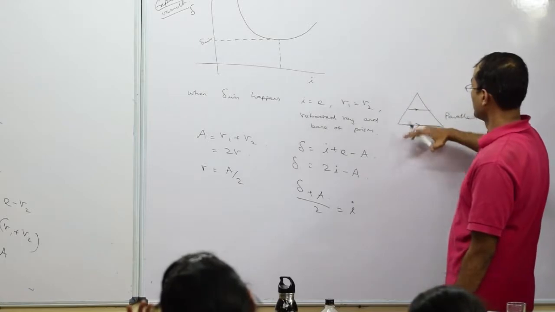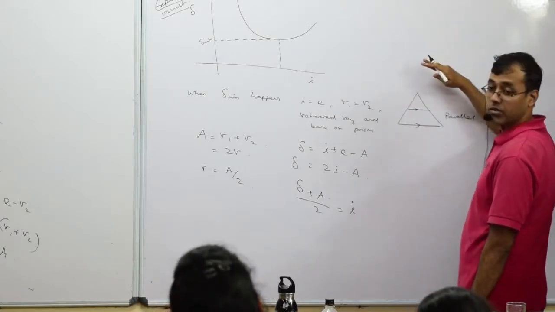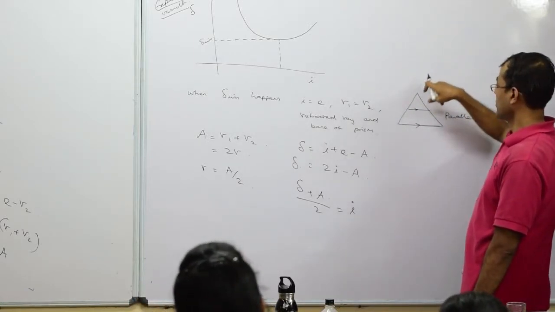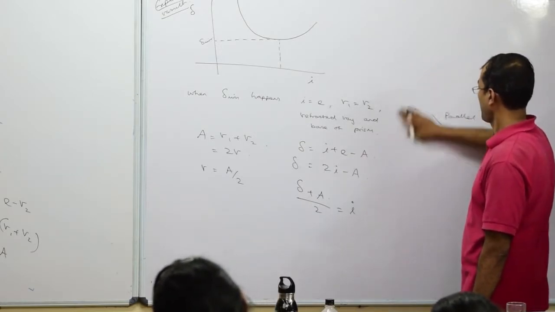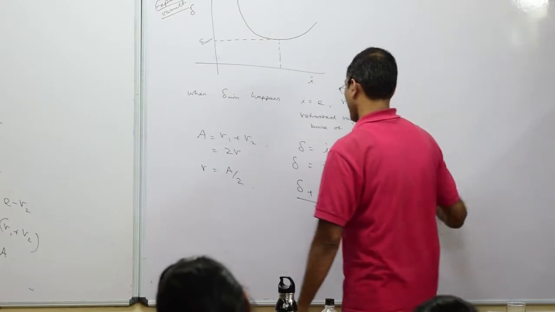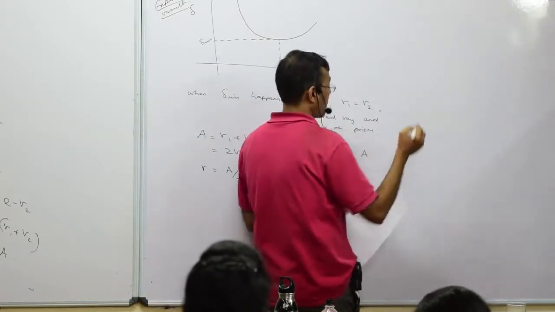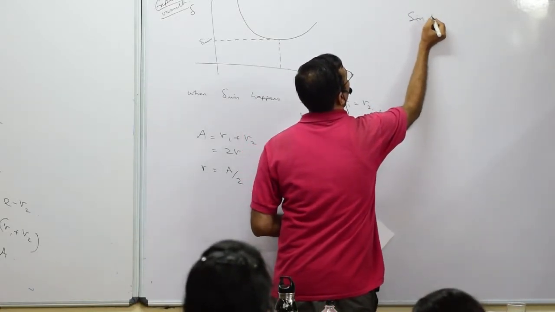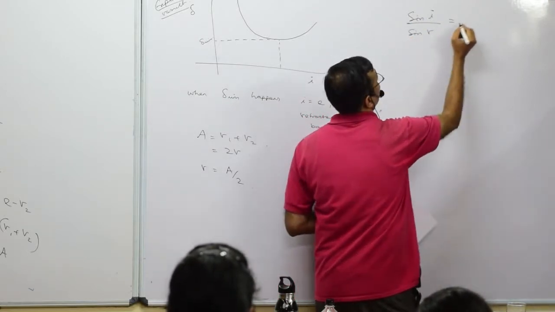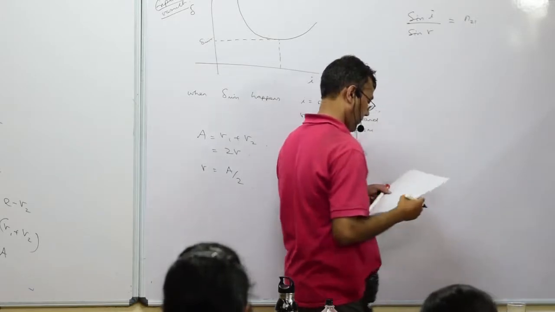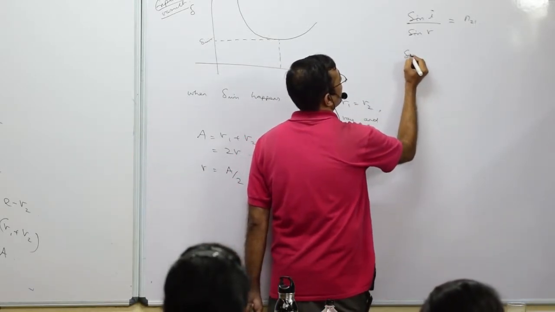I'm going to erase this prism, I need some space here. This is okay. If you have not taken it down, quickly take it down: this line and this line are parallel. After this, it's your usual stuff. Sin I by sin R is equal to the refractive index n21.